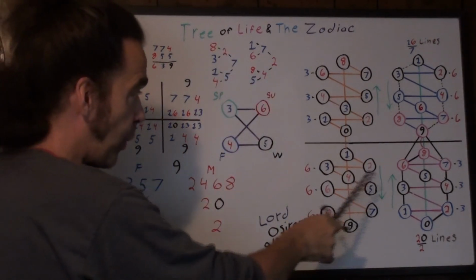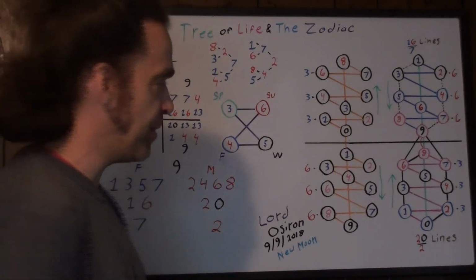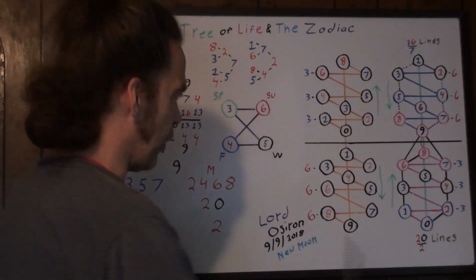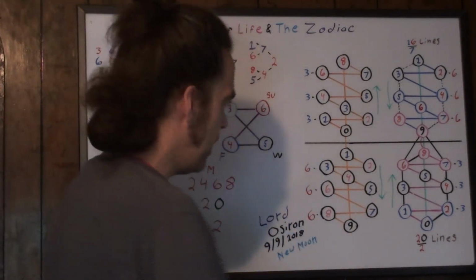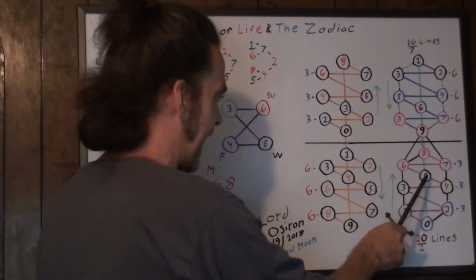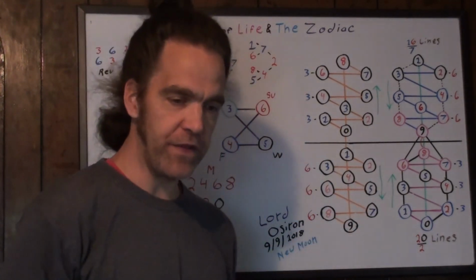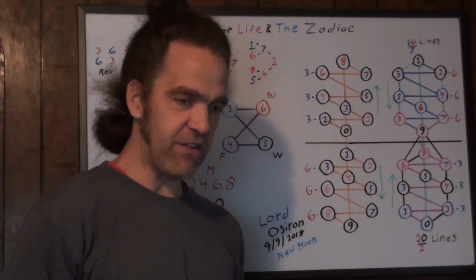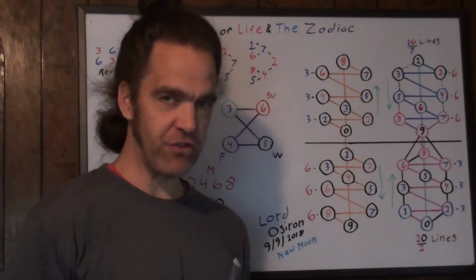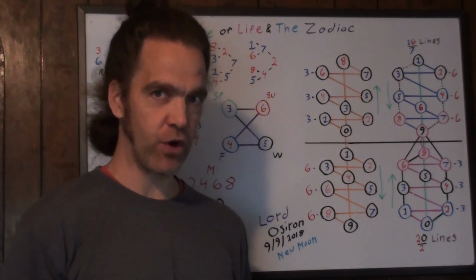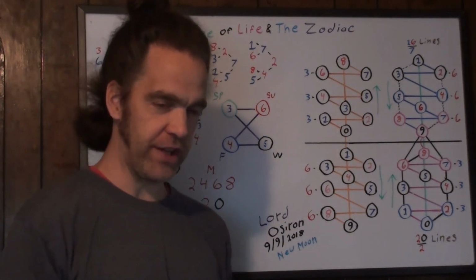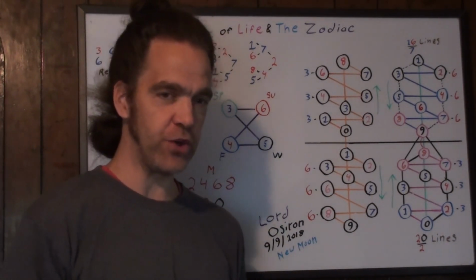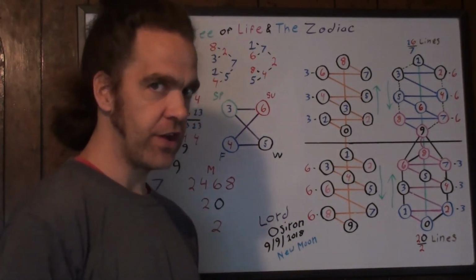Now what happens below here is very interesting. Remember, these are the hearts. In the lower section here, the heart is 4 for this tree and 5 for this tree. Well, we already know that the 4 and the 5 are powerful terrestrial numbers, and they're very unique in the scheme of the number code. They show up in all these videos, and they do something that's very unique in a lot of cases.